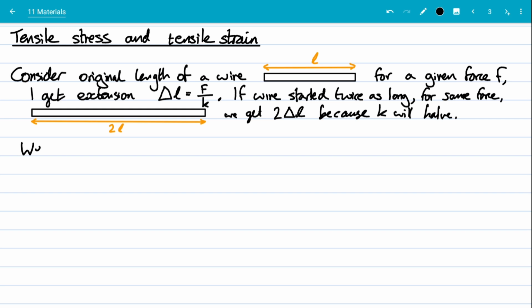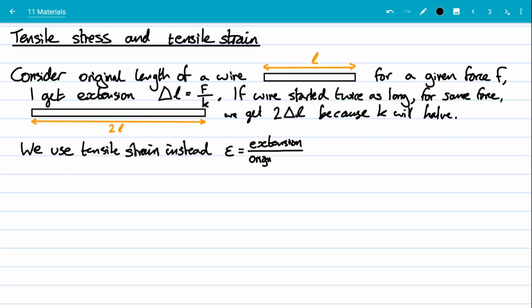So we use tensile strain instead. The tensile strain, using the symbol epsilon, which is that Greek letter there, is going to be the extension, and that's only because it's tensile, we say extension, divided by the original length, which is sometimes called the natural length. That is what strain is.